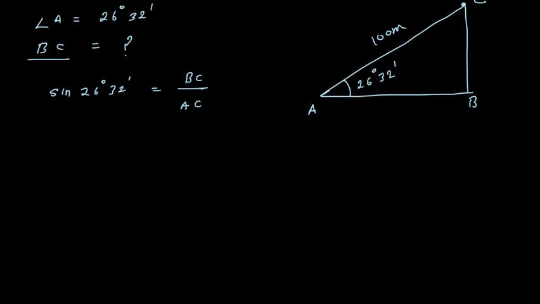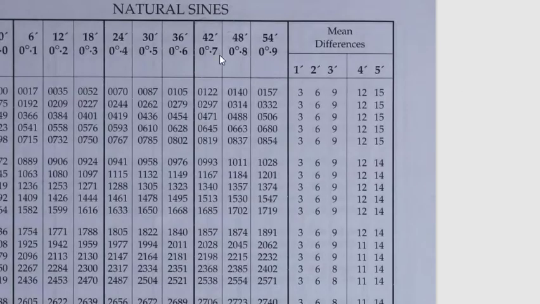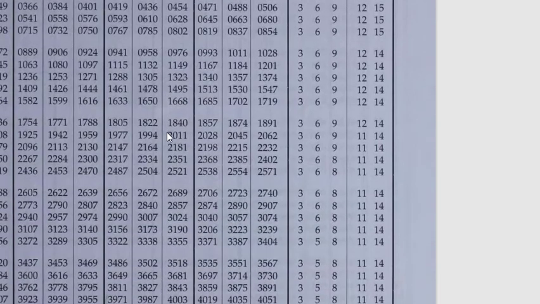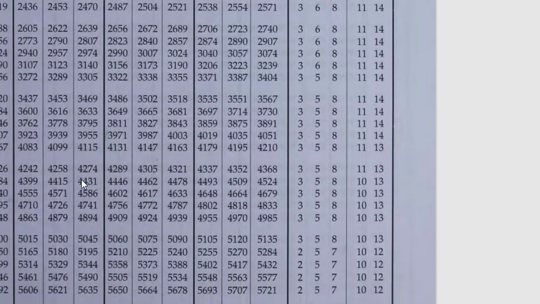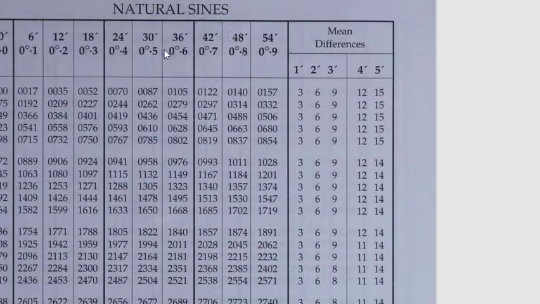Now what is the value of sine 26 degree 32 minute? Again we have to refer to the table. This time we will see the table of natural sines, and we have to see 26 degree and 32 minute. So 26 degree here, and 32 minute here 30 minute, and here the difference 2 I will see.